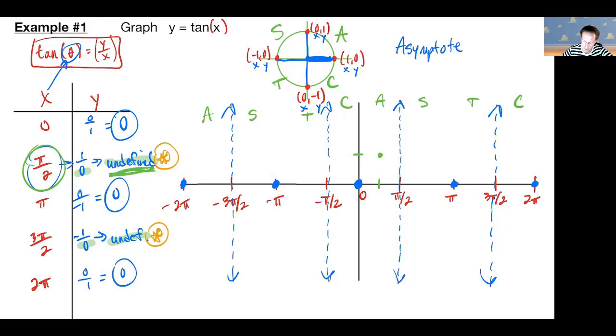And that goes for any quadrant. We will have that reference of 1 for a 45-degree angle. And that goes in both directions, positive and negative. All we have to figure out is, is it going to be a positive 1 or a negative 1? And for the positives, of course, we're going to have "all students take calculus" to help us remember which of our big 3, sine, cosine, and tangent, are positive.